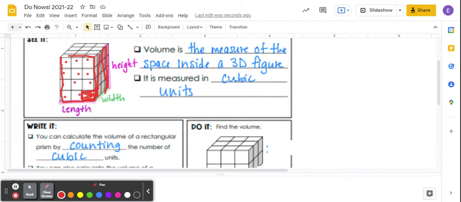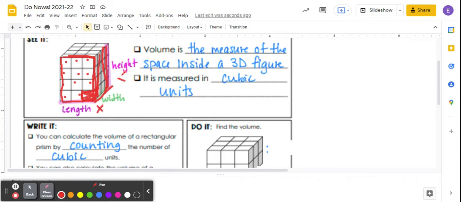And you can see that that works because that's essentially what you're doing when you are counting up those cubic units, right? You're saying, if I know that this whole layer is 4 high by 3 wide, and then I have 4 of those, right? We did 3 times 4, which is 12, 4 times, or 12 times 4, right? That is what we do in the formula.